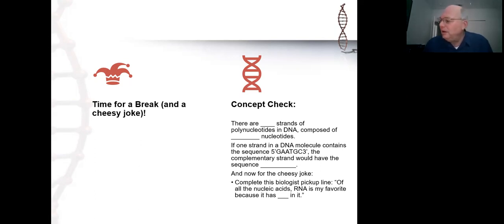Okay, so in DNA, there are 2 strands of polynucleotides composed of 4 nucleotides. So if a strand had this sequence, 5' G, A, T, G, C 3', then the complementary strand would go 3' C, T, A, C, G 5'.